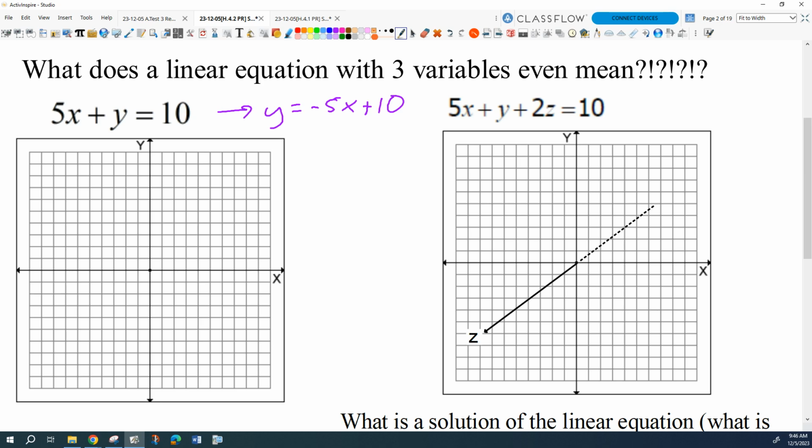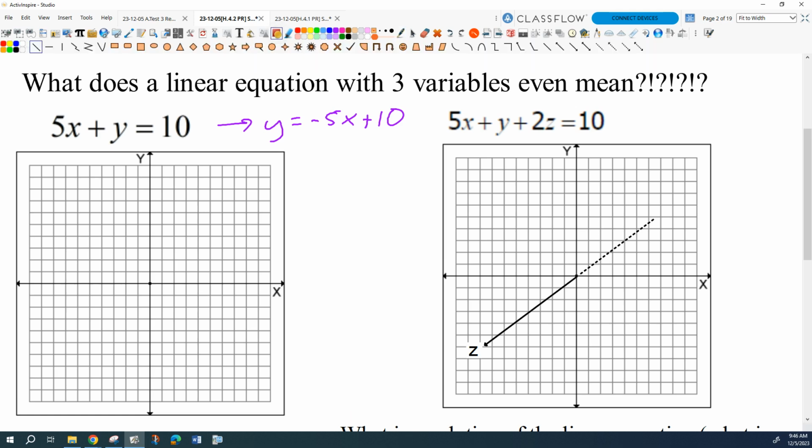So how else could we do this without rewriting it in slope-intercept form? We just need 2 points to graph the line. What would be two easy points to find? There you go, the y-intercept and the x-intercept, right? If I want to find the x-intercept, what's my strategy for doing that? Set y to 0, exactly.